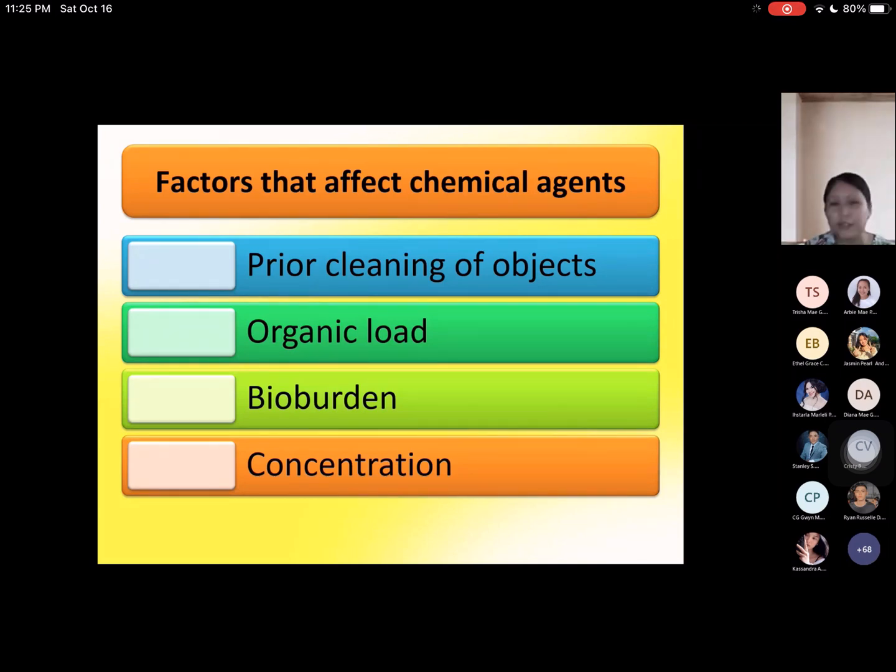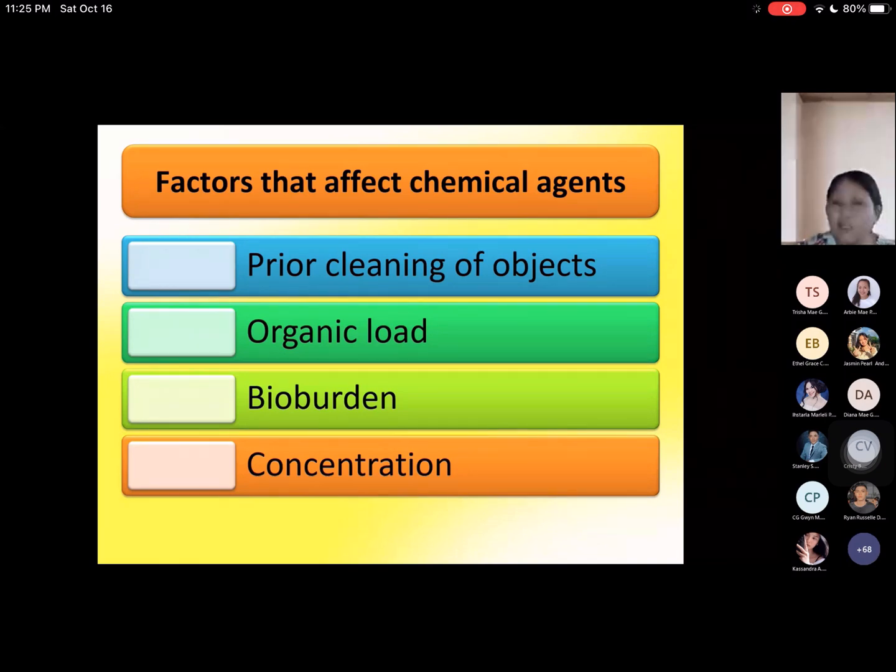Another is bioburden. From the word bio, it pertains to the type and level of microbial contamination. Marami ba? So the type and level of microbial contamination. And of course, the concentration is also one that may affect chemical agents.